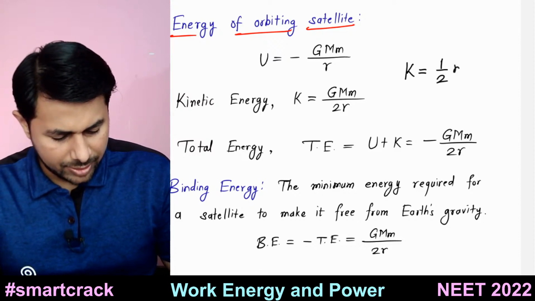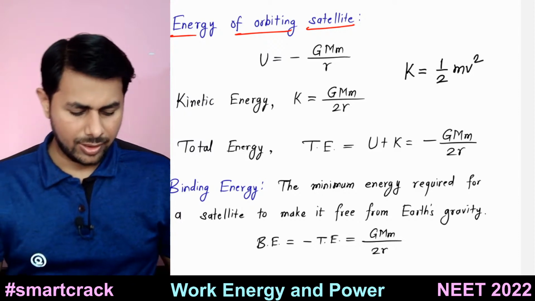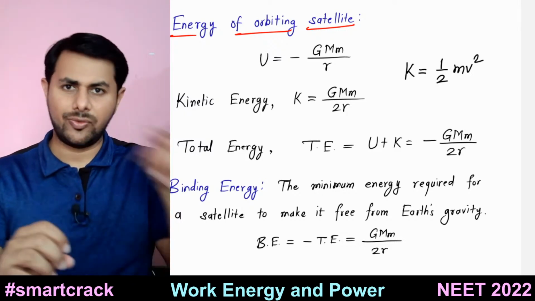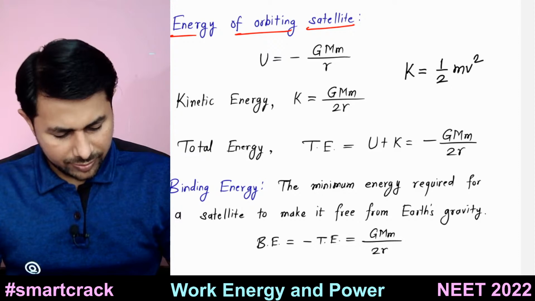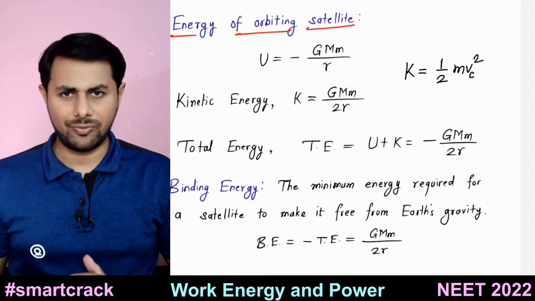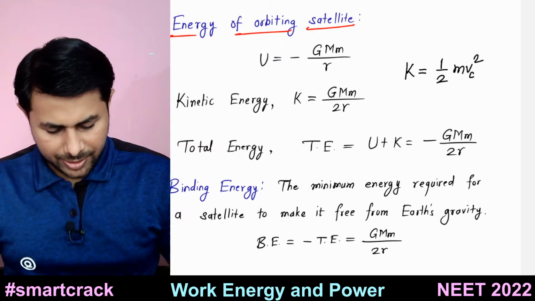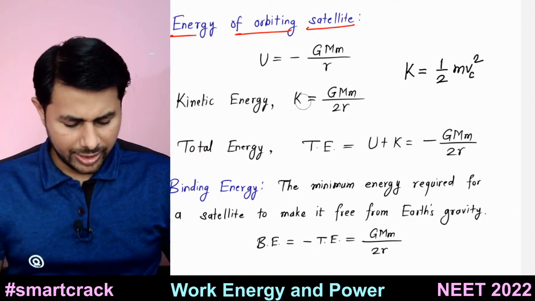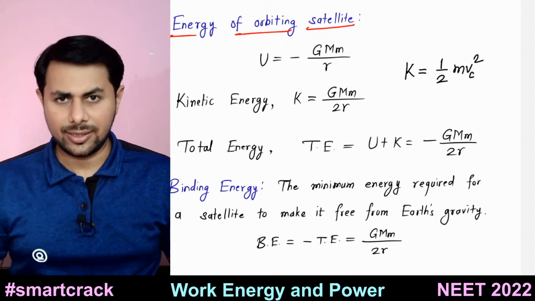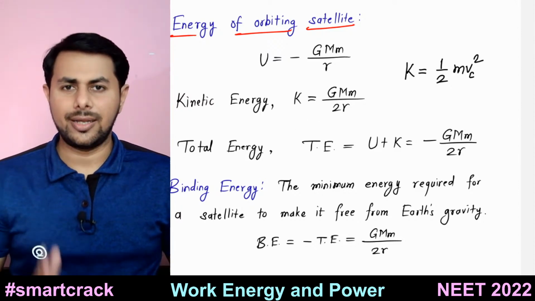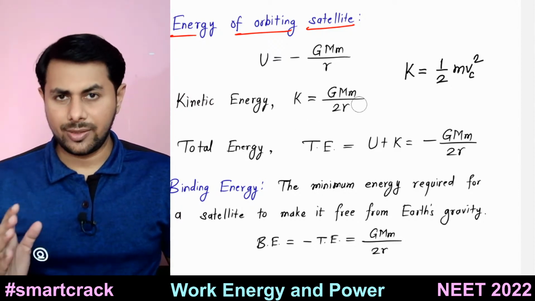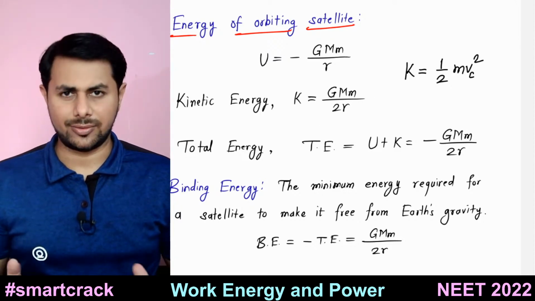Half m v squared. So for a satellite which revolves around Earth, this velocity will be what? Critical velocity, which is square root of GM over r. So if we substitute that, the kinetic energy of the satellite is given by K equals GMm divided by 2r.